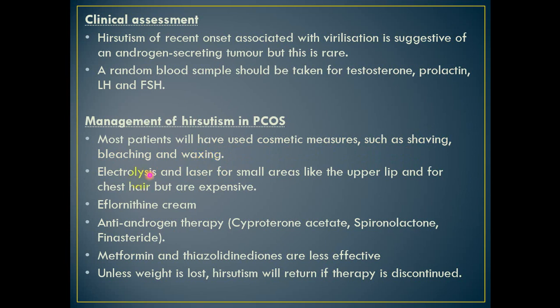More advanced are electrolysis and laser for a small area like the upper lip or chin, but we need to know it is expensive. Anti-androgen therapy could be tried, but only in a specialized center, like cyproterone acetate, spironolactone, and finasteride.